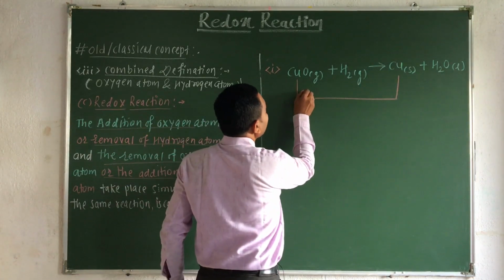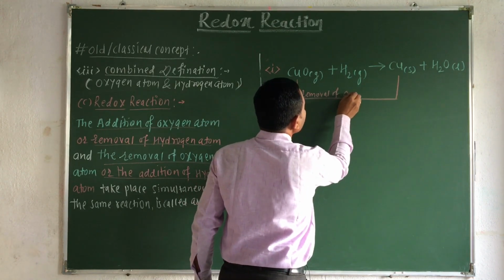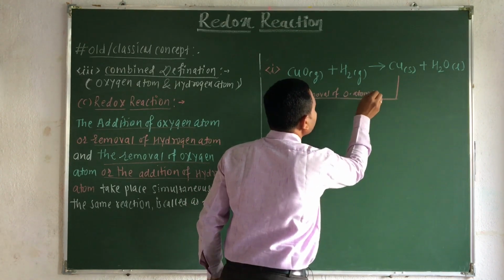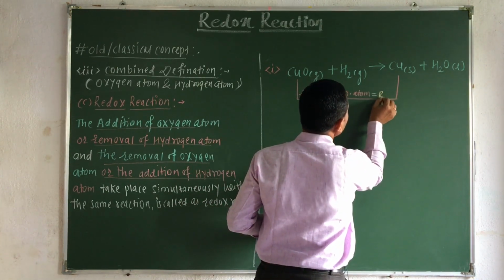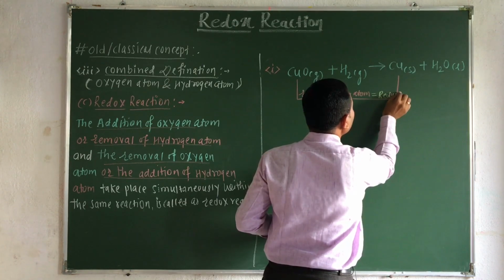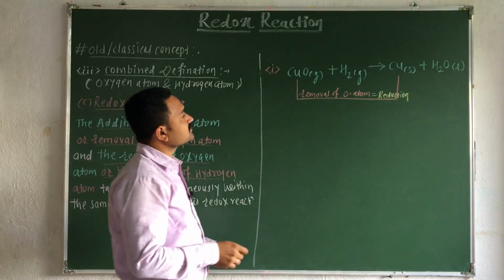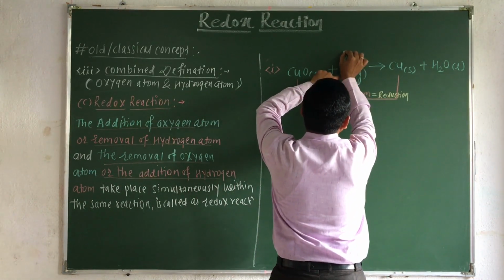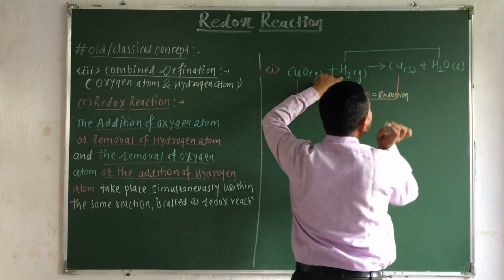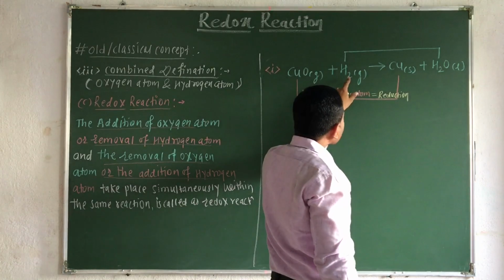So there is a removal of oxygen atom, therefore this process is known as reduction. Now, hydrogen gas is converted to water, so oxygen atom is added to hydrogen.